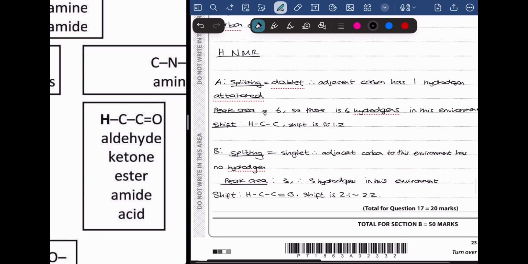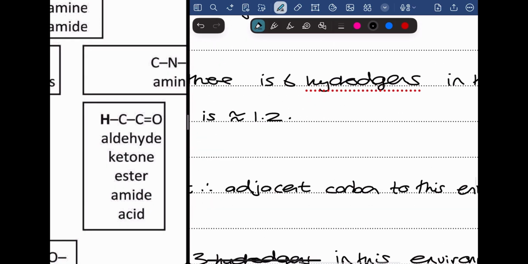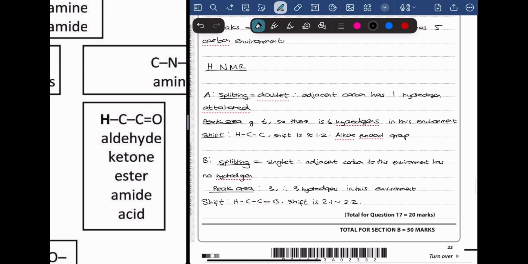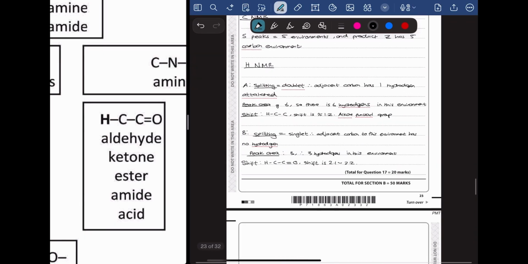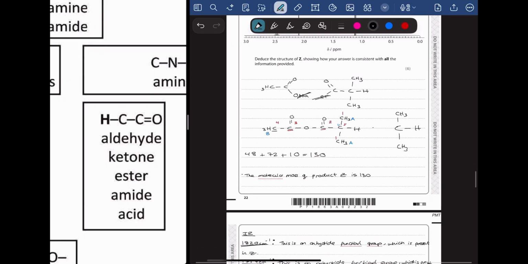Now, one thing I did forget to do in this part was mention the functional group itself. So the functional group is the alkane functional group. So I'm going to write that here. And then this functional group here, where is it? Here.